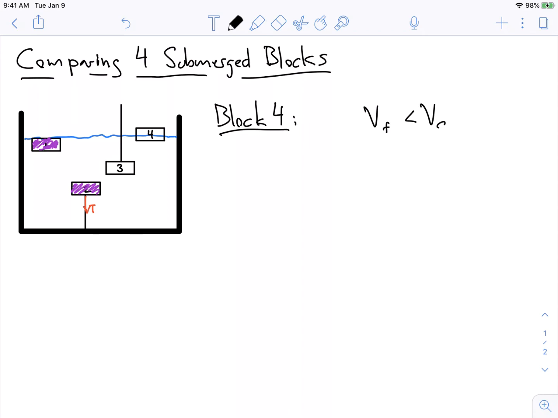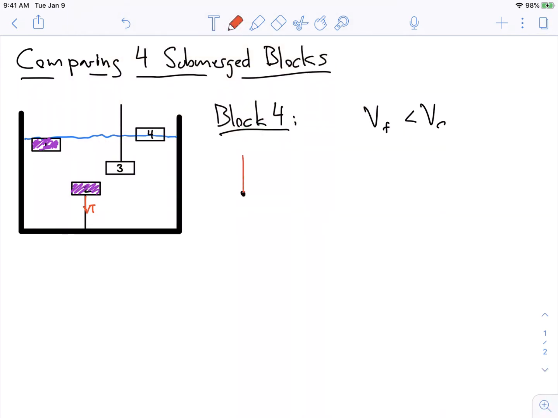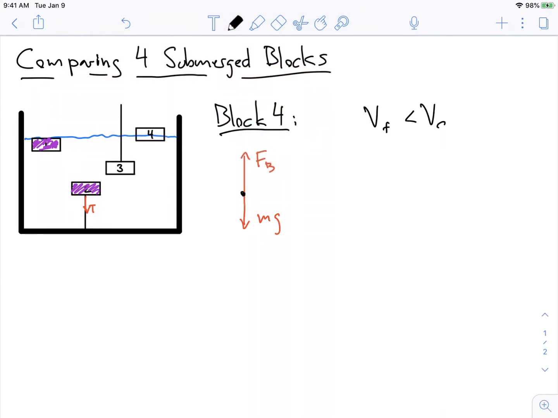We have the usual balance of forces: the buoyancy force going up, the mass of the block going down, and no other force to think about. So m4g is equal to the buoyancy force, rho f Vf times g.